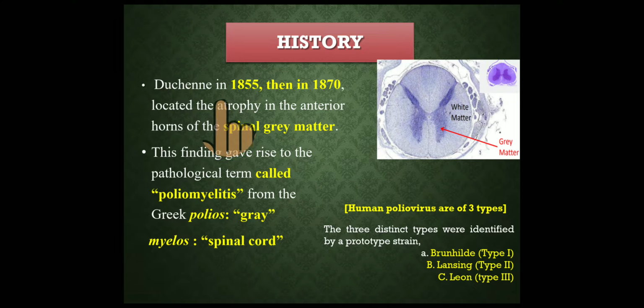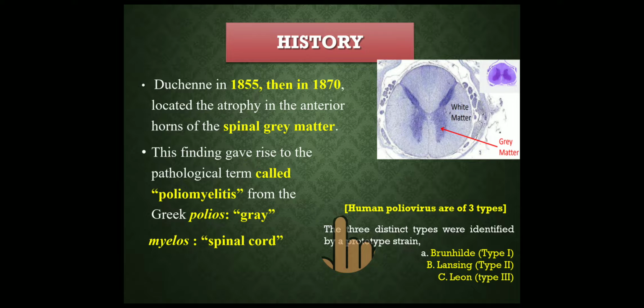Previously, in 1855 and 1870, a grey material was observed in the spinal cord, and after observing this, they named it poliomyelitis, because in Greek, polio means grey and myelos means spinal cord.